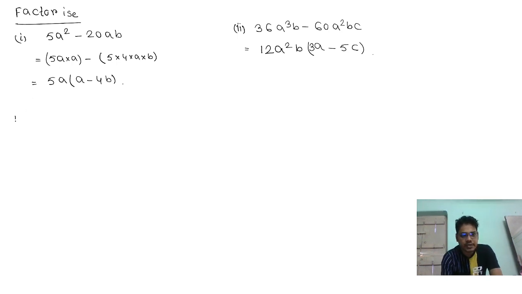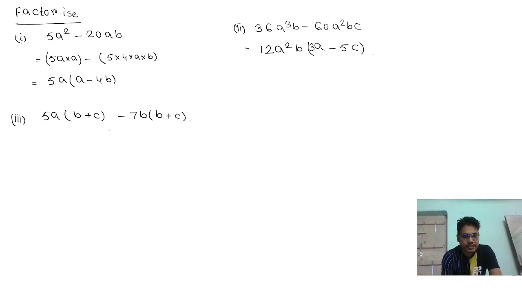Now the third one, if you write the third one, it will be 5a into (b plus c) minus 7b into (b plus c).